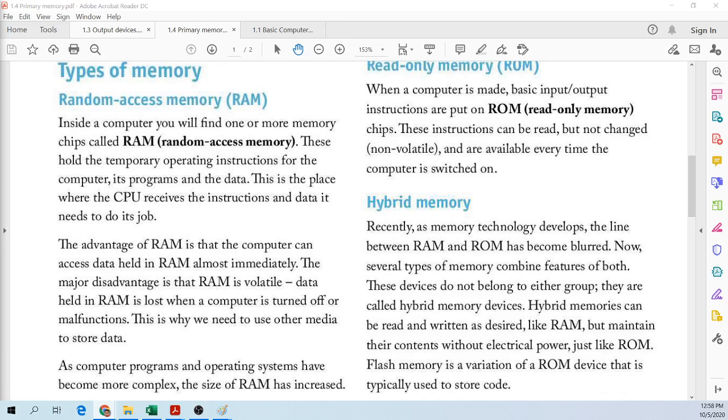The advantage of RAM is that the computer can access data held in RAM almost immediately. The major disadvantage is that RAM is volatile. All data held in RAM is lost when a computer is turned off or malfunctions.